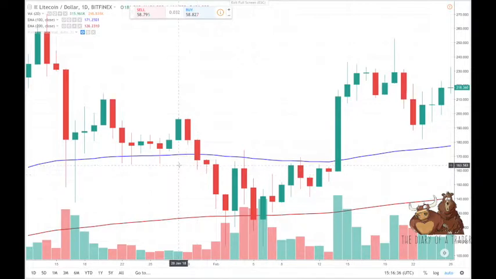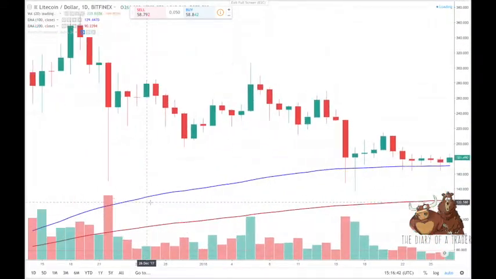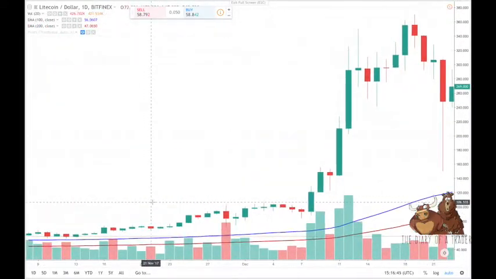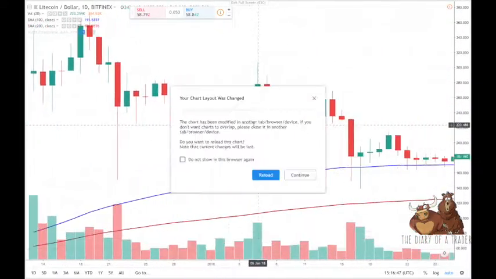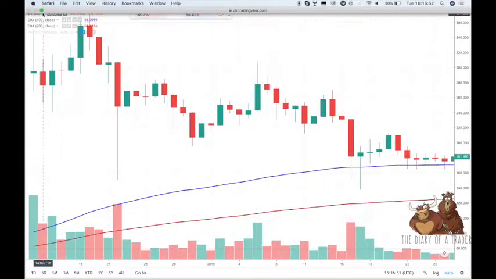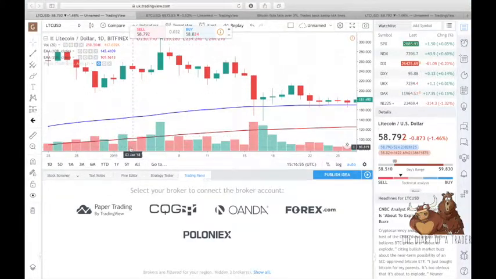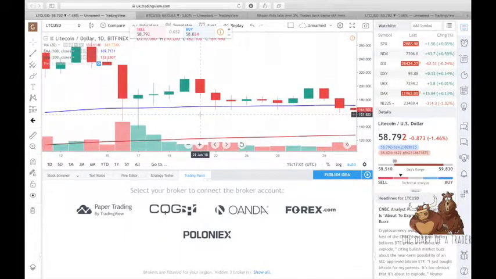Again, price is just bouncing between the 100 moving average and 200 moving average, in that little range there. So these are the same fundamental principles that you use for trading cryptocurrencies as you would for currencies. I hope that helps demystify the trading of cryptocurrencies. And regardless of what you think about them, you can trade them.